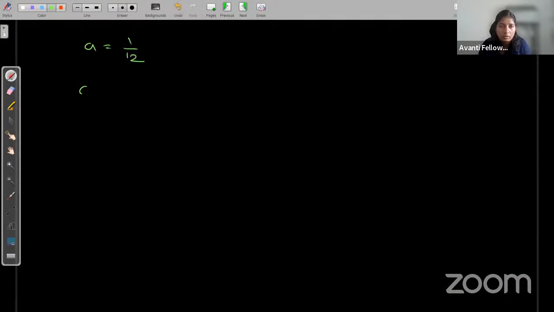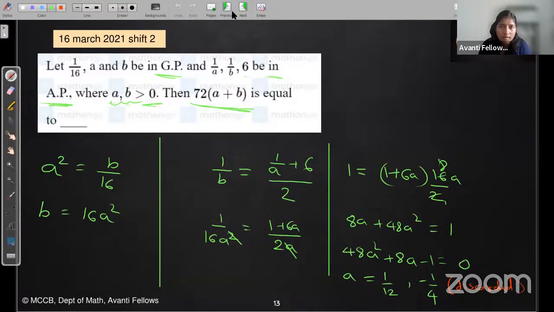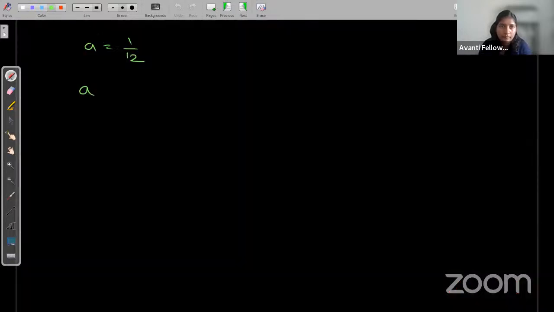We already know that B is equal to 16A square, right? So B is equal to 16 by 144.